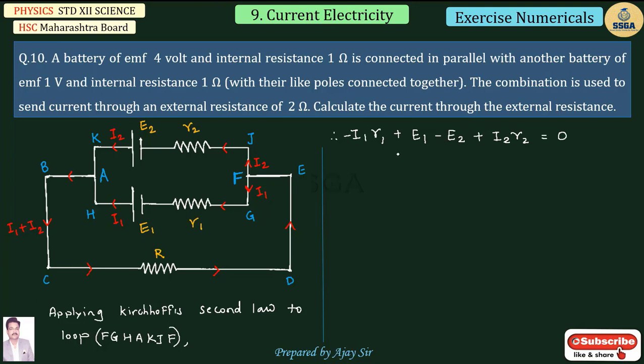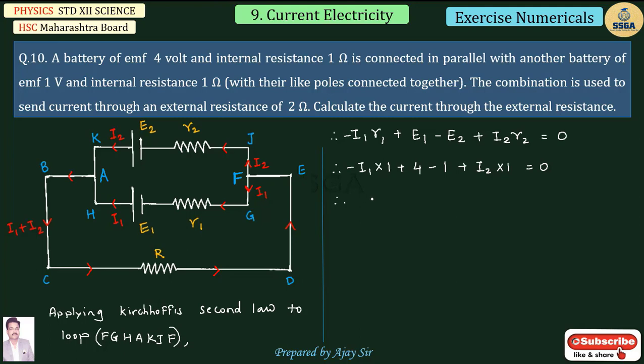So let us put in the known values again. I1 and I2 are unknown, so this is minus I1 R1, where R1 is 1, plus E1 which is 4, minus E2 which is 1, plus I2 into R2, where R2 is also 1. So let us solve this.